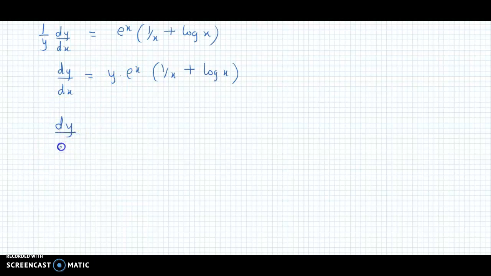So finally we have dy by dx is equal to x raised to e raised to x into e raised to x into (1 by x plus log x). So this is the required derivative value.